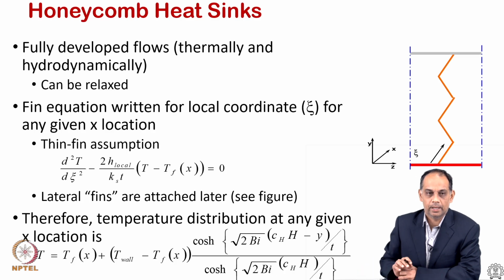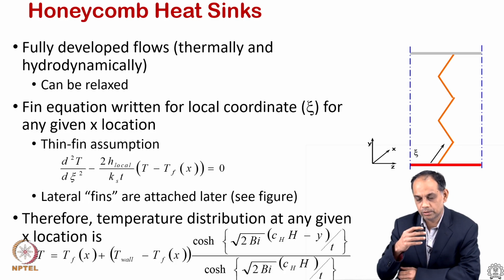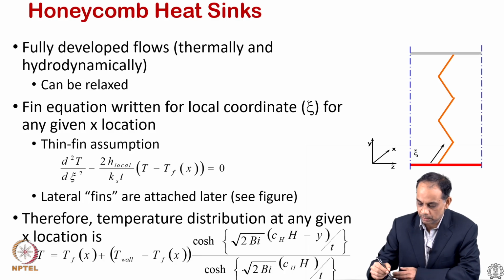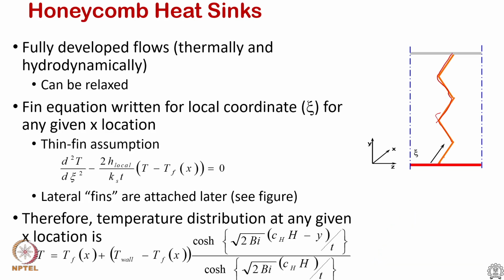So, here is the example of how to model a honeycomb or a hexagonal based structure. As you may have encountered in fin heat transfer, here we are going to look at the same fin heat transfer, except that now my fin is considered to be corrugated. In a minute we will understand why we need to do this. Instead of a fin, the typical discussion in the textbooks would be a straight fin.